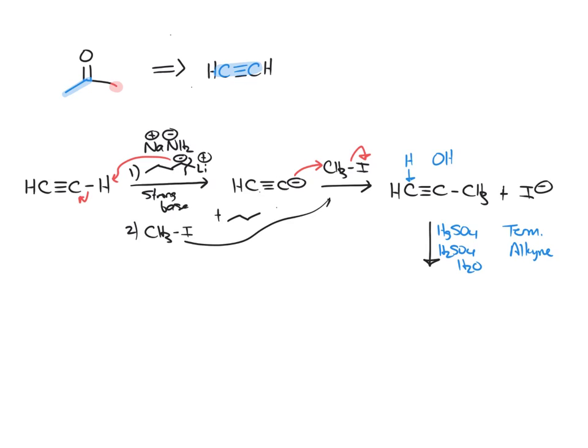The H will go to the terminal side where there's more hydrogen. The OH will go to the more substituted side. And we go from the triple bond to the double bond. There's our OH. We have our original hydrogen and our new hydrogen.